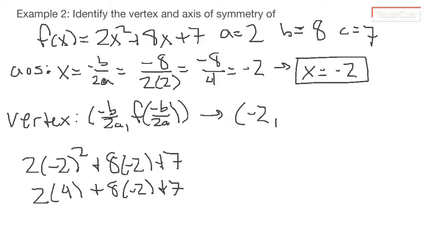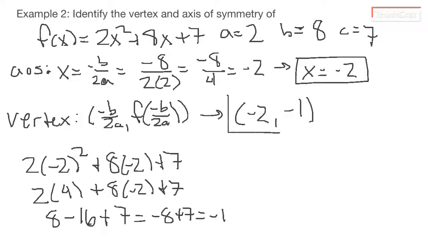Now we can do our multiplication. 2 times 4 is 8. 8 times negative 2 is negative 16, so we'll write 8 minus 16 plus 7. If we do our addition and subtraction from left to right, 8 minus 16 is negative 8. Negative 8 plus 7 is going to give us negative 1. So our vertex is the point negative 2, negative 1.